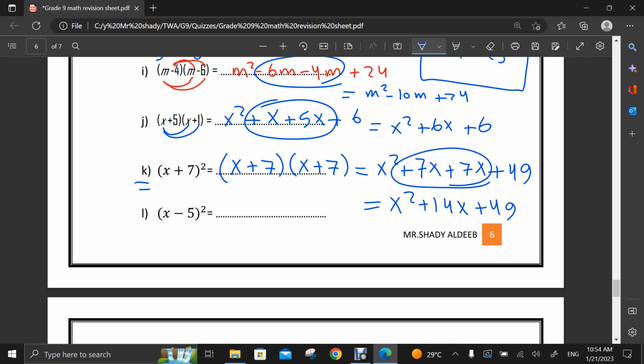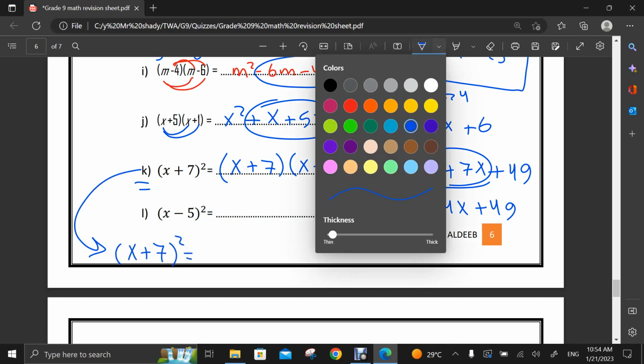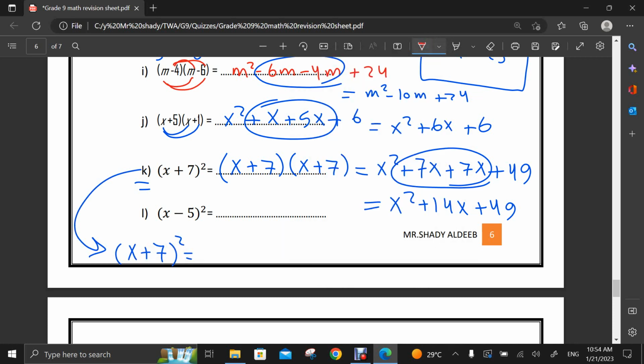Or, yeah, this is called special case also, or one of the special cases that we have here. So at x plus 7 power 2, you can find it like that. There is another method, okay? So how to find it?